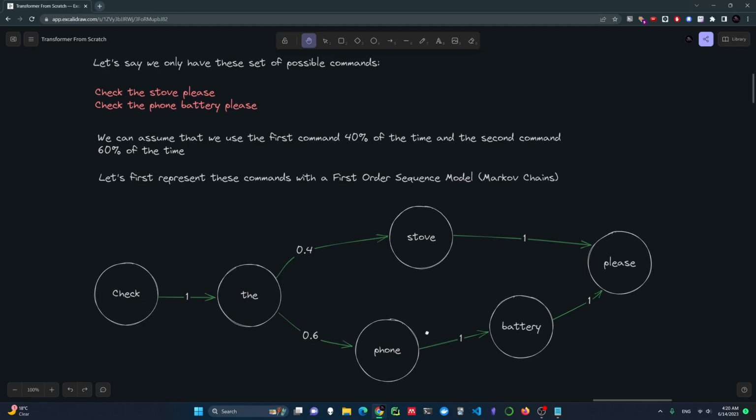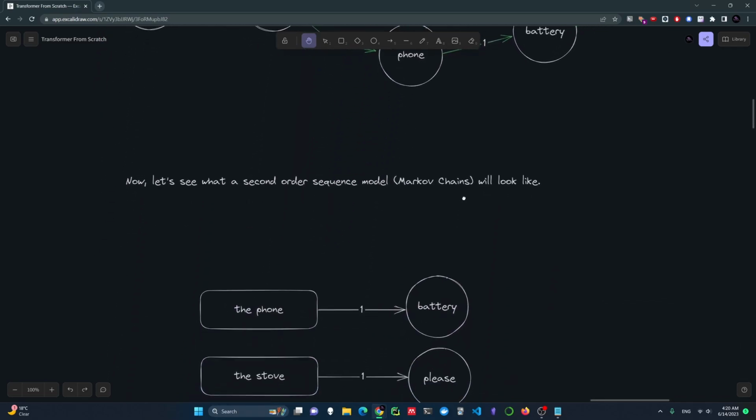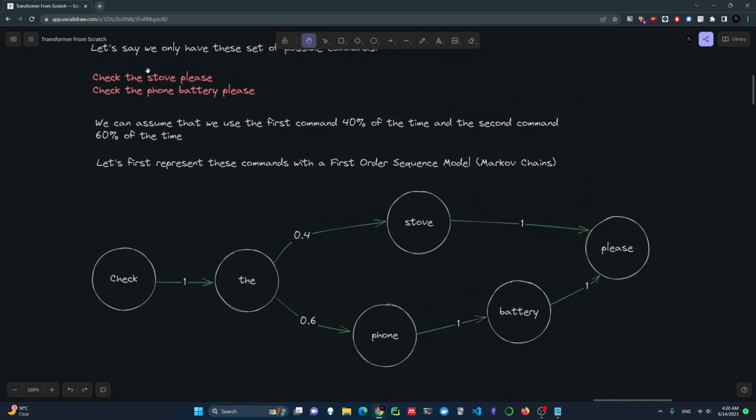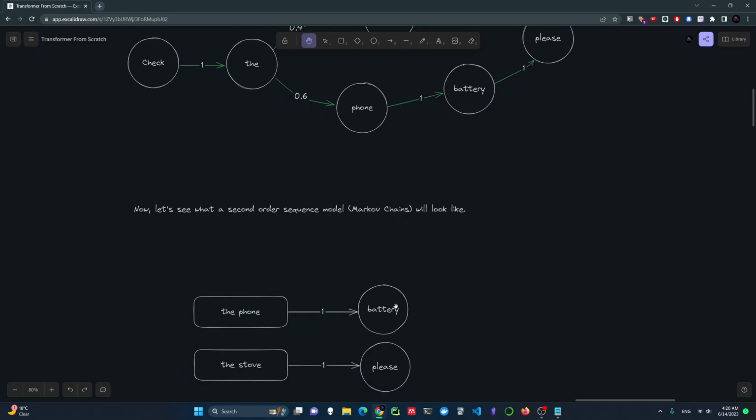Now, what about a second order sequence model? Let's see what that will look like. Instead of a single word, we will now have two words. So going back, the stove, the phone, we see that battery has 100% chance of coming after the phone.